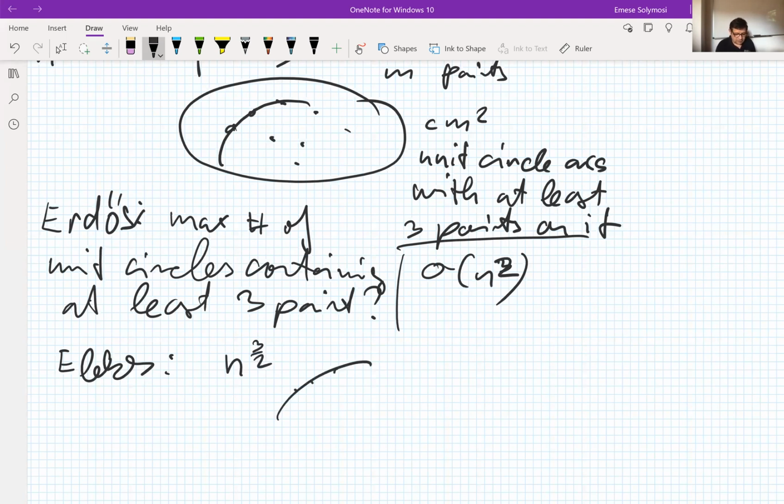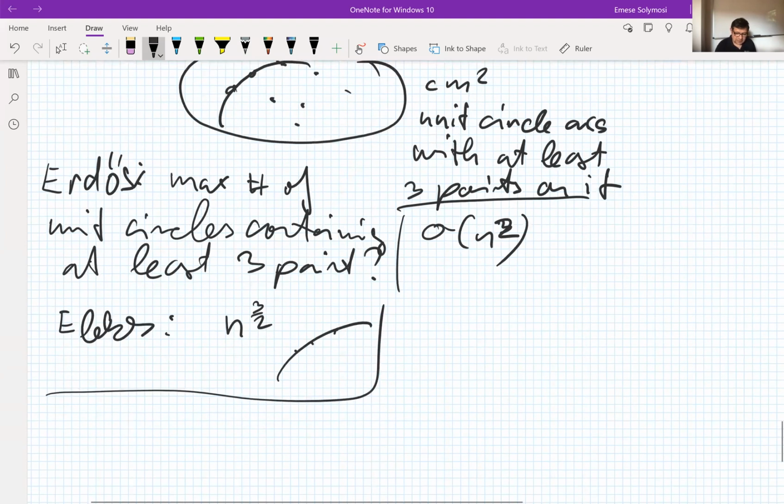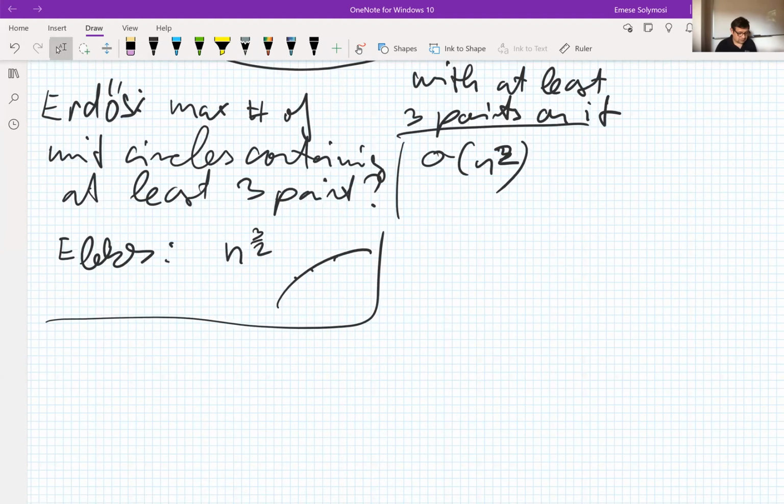Well, he didn't know, but there is an earlier result, and this is the last one I show you because the time is up. There is a classical geometry result. It's Johnson circles.